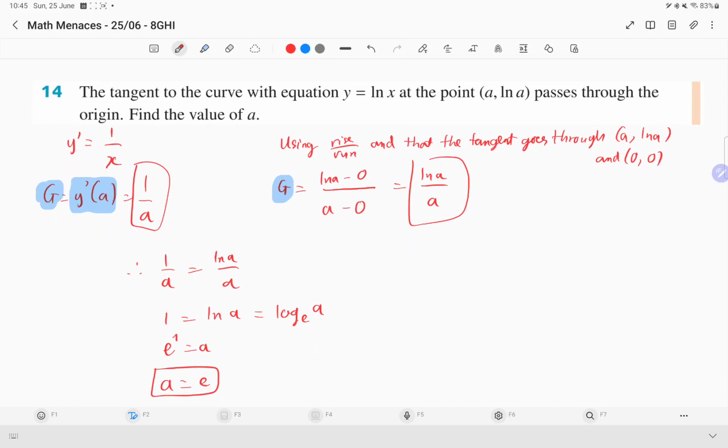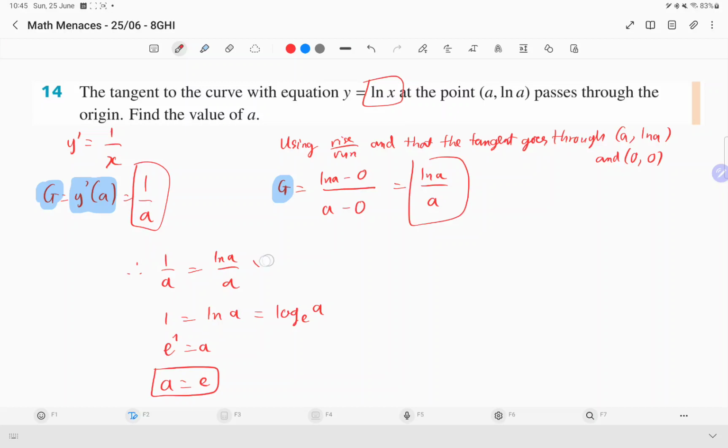Any questions, Sarah? How do you get rid of the a at the bottom? Of both of them. So the first one you derive ln x, right? How do you get rid of the a? You times both sides by a. If you times this one by a, if you times that one by a, then it will cancel out the bottom.